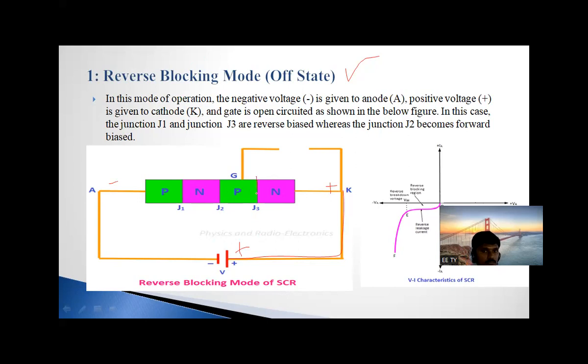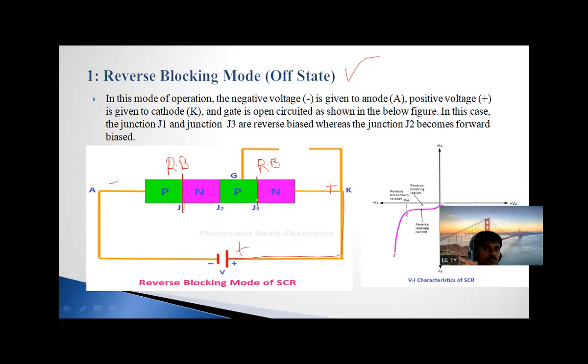So junction J3 will become reverse biased. Next, is J1 forward bias or reverse bias? J1 is also reverse biased, because the P type material is connected to the negative and the N type material is connected to the positive side.